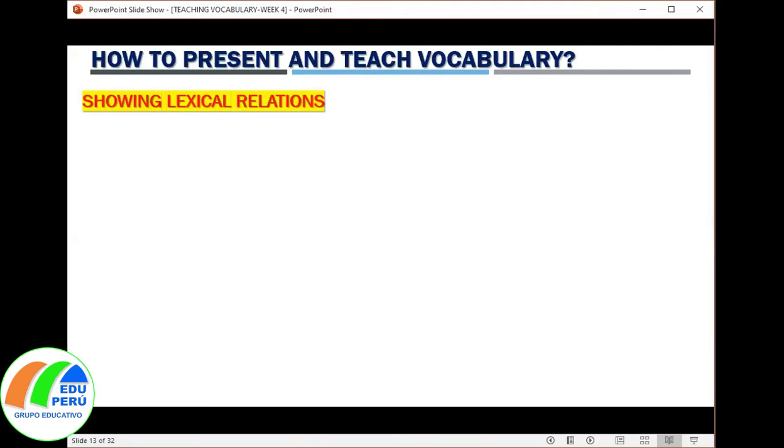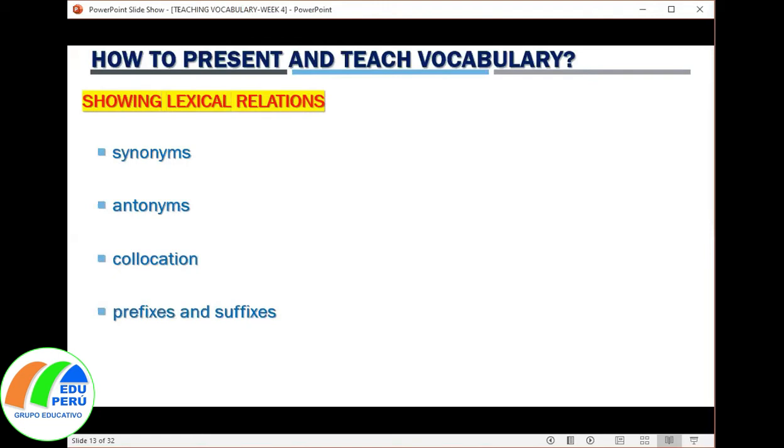The other one is showing your students lexical relations. Here you have, as I was telling you, synonyms, antonyms, collocations, prefixes, and suffixes. So here we have the word families.